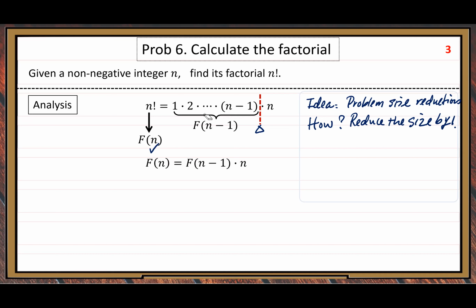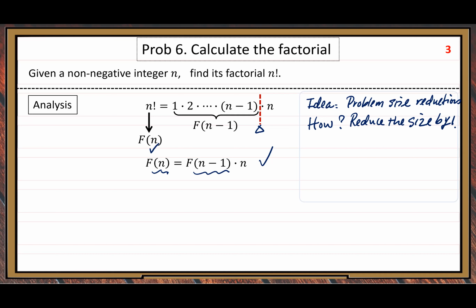Next, the original formula can be represented in a simple way: capital F of n equals F of n minus 1 times n. That's the recurrence relation. This recurrence relation is used to fix the gap between two problem sizes, one problem size n and another problem size n minus 1.